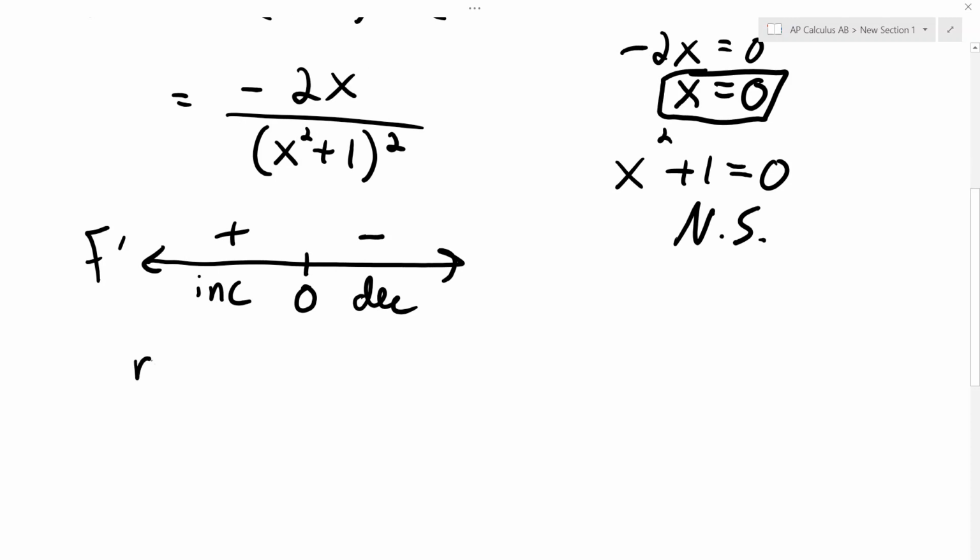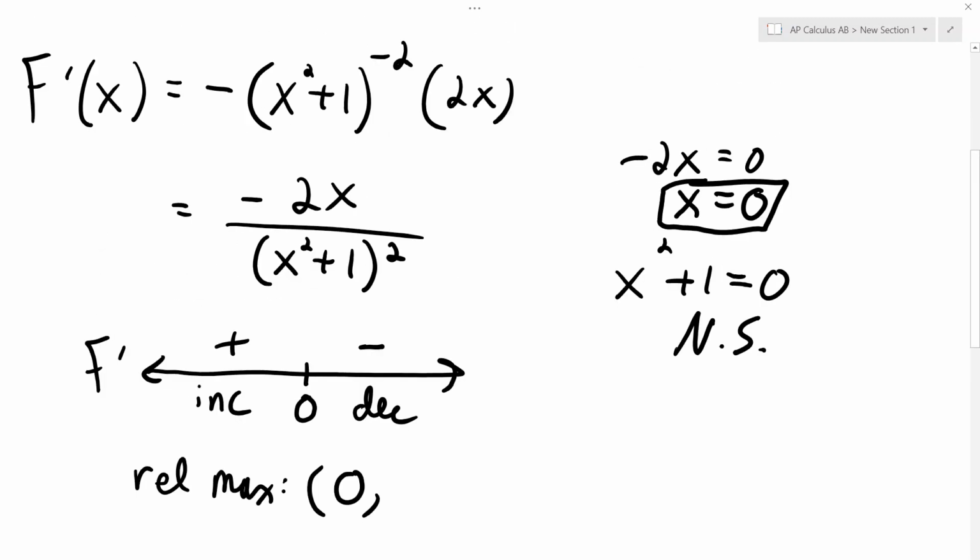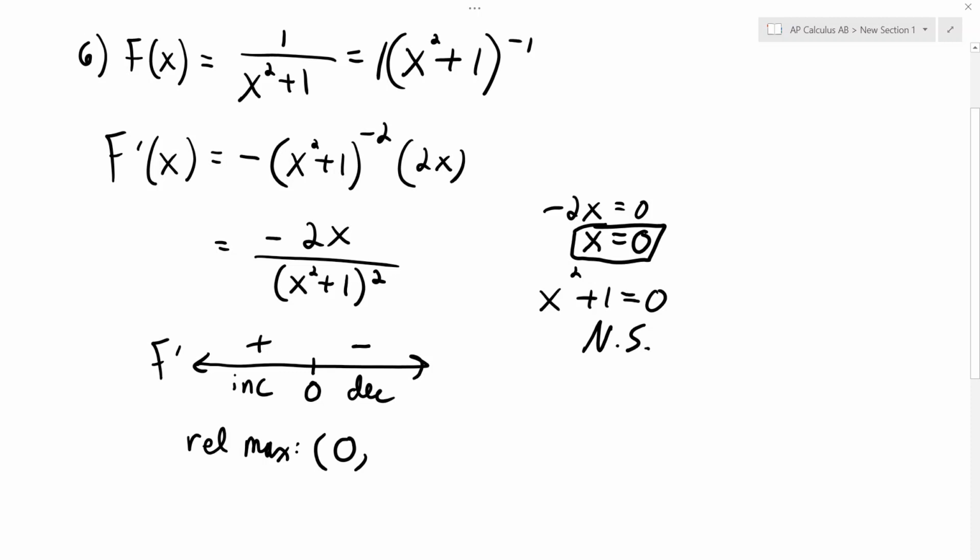And we have a relative max at 0, comma, and I can't remember when you guys did this here. Like, if you're finding the y value, you're going to plug it back into the original function always. When you do that here, you get 1. Is that okay? And increasing, decreasing will be intervals there. I'm not going to list them out, but we can do that. Okay. Now we got to derive this thing again.